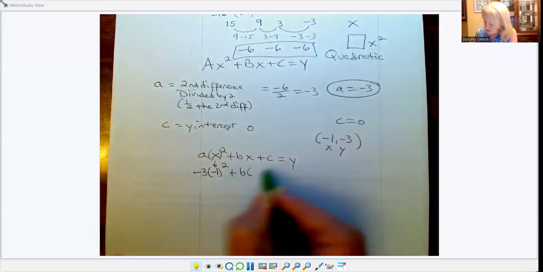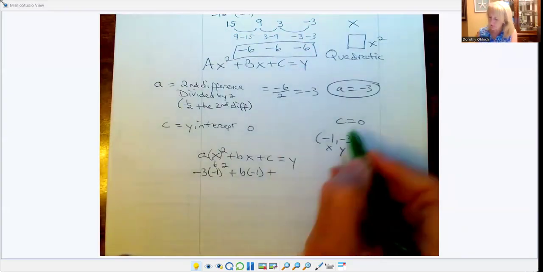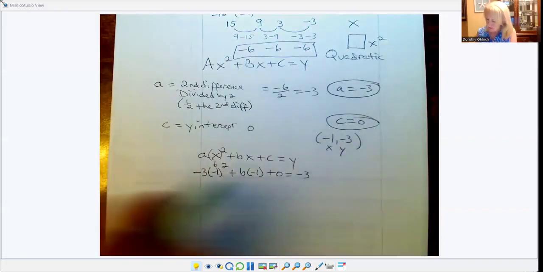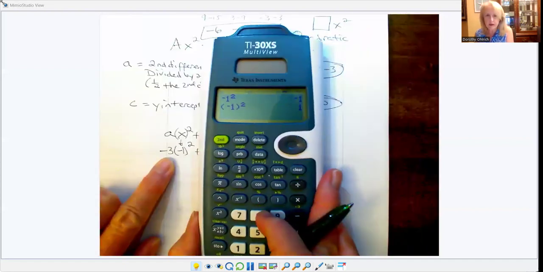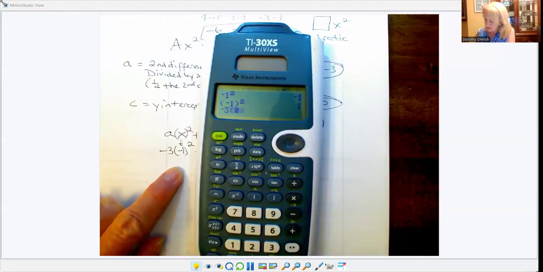Plus b times our x, which is still -1. What is the c? 0. Equals y, which is -3. We know that -1 squared is 1. You can put that in the calculator. Just -3 times 1 should be -3, but I want to show you how to use the calculator.